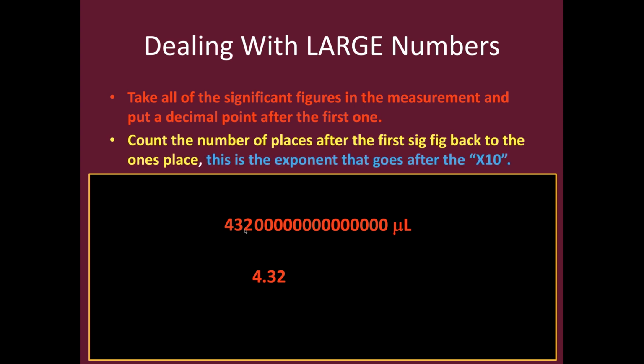Then we put times 10 to the, and we count how many places after the first sig fig, including the 3 and including the 2 and all the placeholding zeros, how many places after that first sig fig until you get back to the ones place? 16 places, times 10 to the 16th. And that's it. That's all there is to it.